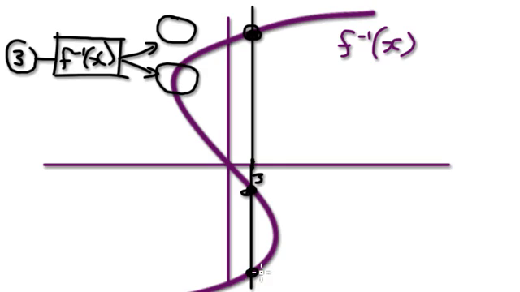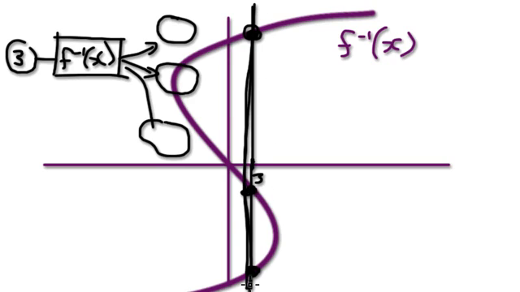It's spitting out 3 different values. So this here is not a function, because a function is when you can draw a vertical line and it will only give you one value. Here we've drawn a vertical line and it's giving us 3 values. So the inverse here is not a function.